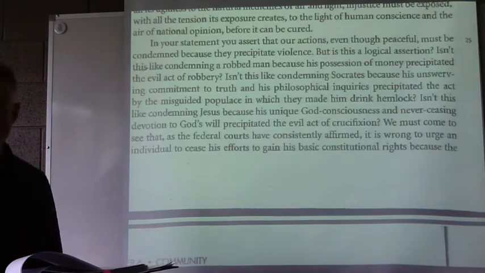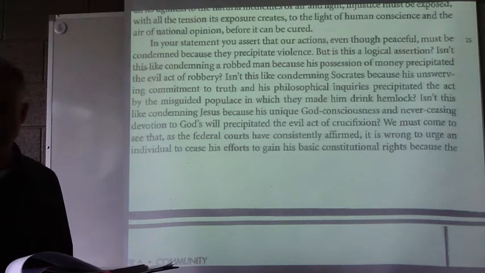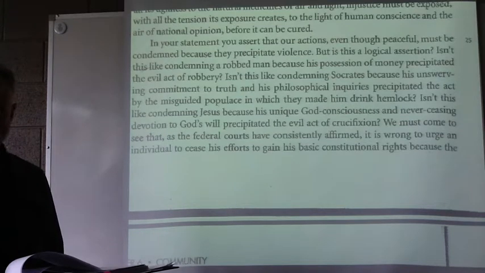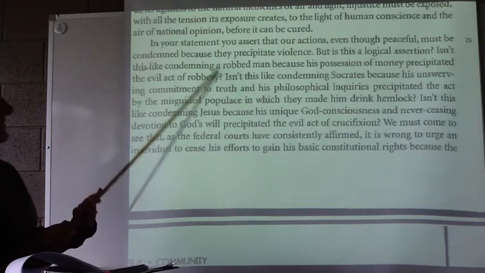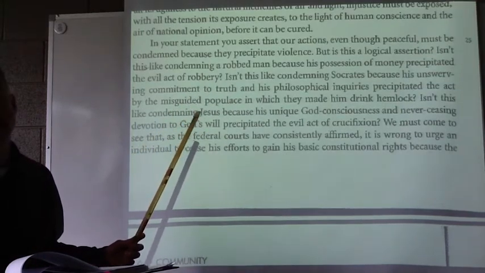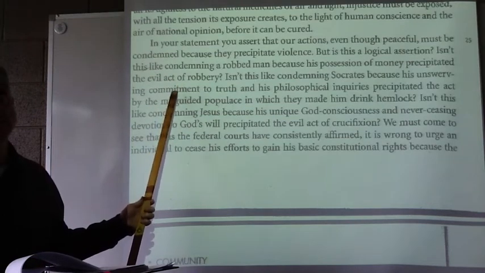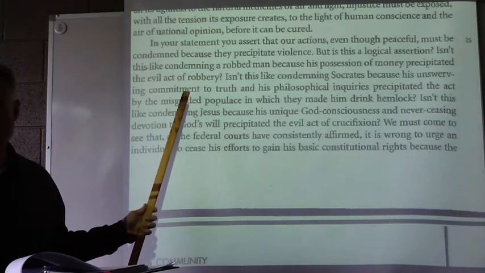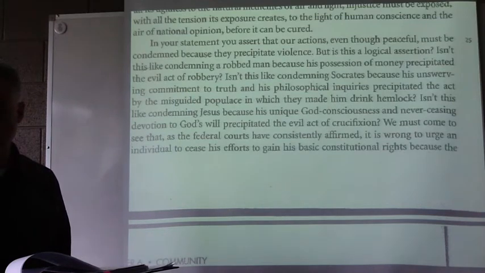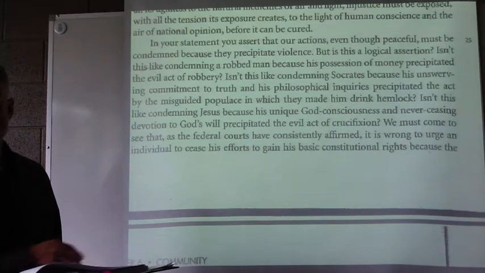If someone, he says, is it logical to accuse us of a crime when we're really the victims of violence? So he has three analogies here that are all similar. People who are accused of crimes, but they're really the victims of the crime, right? So that's what they have in common. So three analogies. And then our final page is page 268.